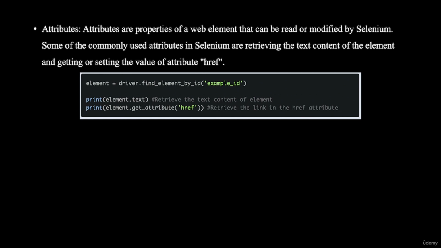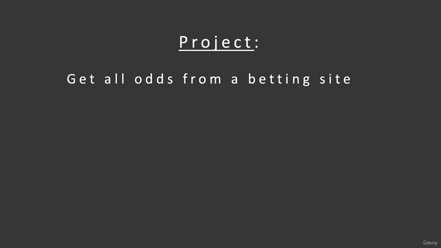We then retrieve the text content of the element and print it, and then we get the href attribute value, and that is going to be the link. If you move further, you can use that link to go into a new browser context and execute that.